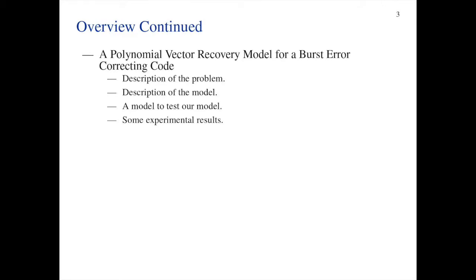So I'm going to describe that problem, and I'll give a model for the polynomial recovery as a burst error correcting code, as well as a channel model for testing how well this code does on this particular burst error producing channel.